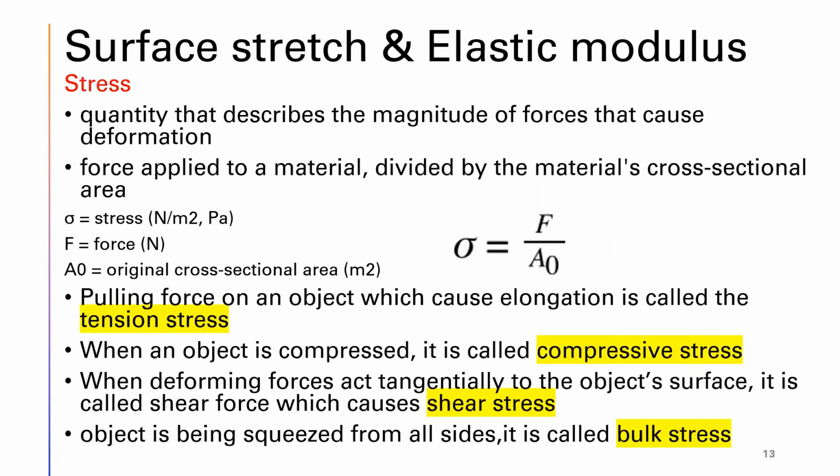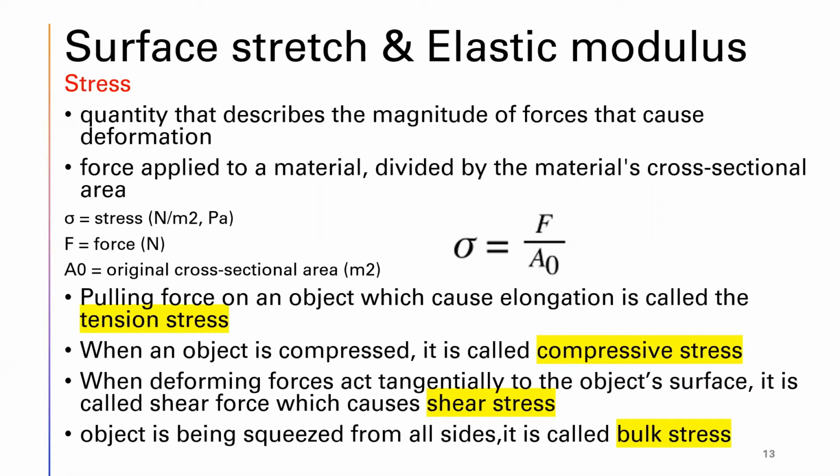Surface stretch and elastic modulus. Stress. Stress is the quantity that describes the magnitude of forces that cause any deformation on a particular material or an object. So it's basically the force applied to a material divided by the material's cross-sectional area.